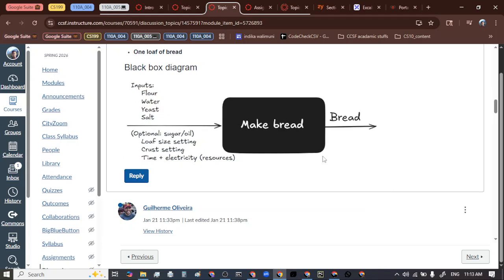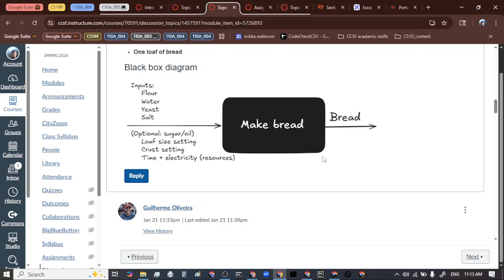Okay. So remember, we are talking about abstraction in English. Perspective is important, right? This is in the sense of the user's perspective. So let's say in this example, making bread, you are using a bread machine to make bread.